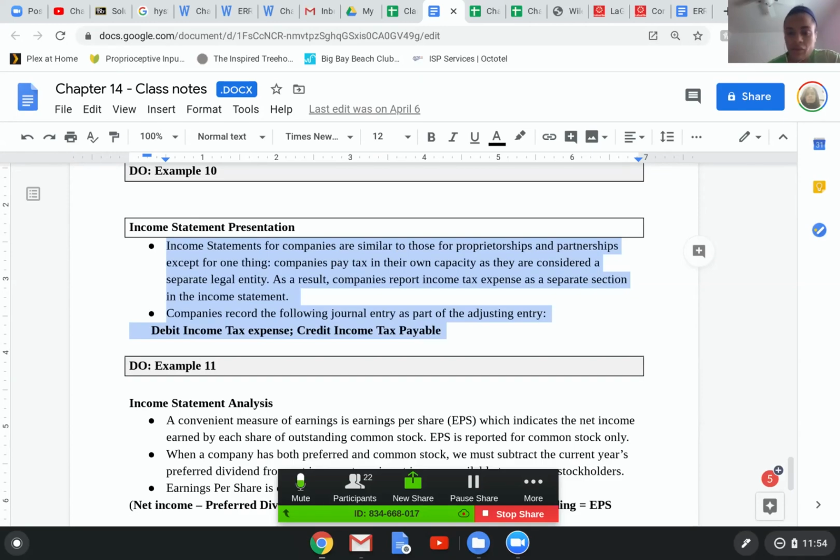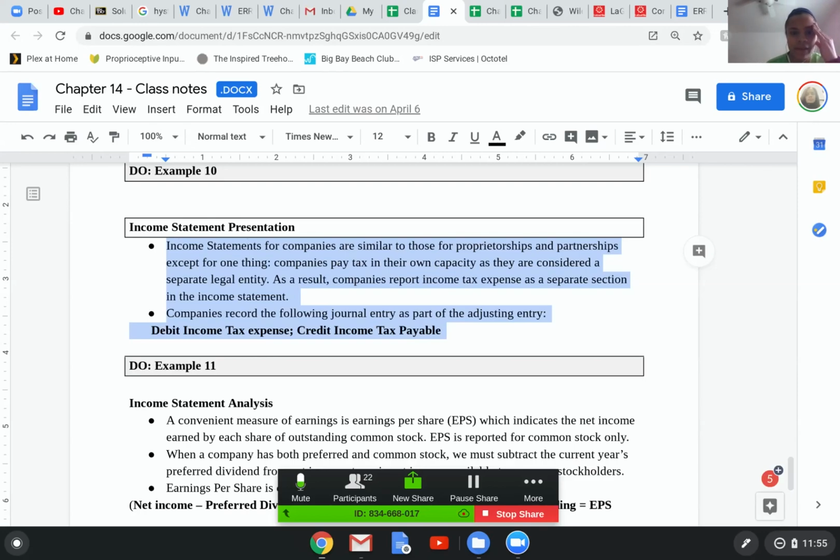But what I do want to highlight is that taxation, income tax expense, is different here for a corporation than we had for partnerships or sole proprietorships, in that a company is actually treated as a separate legal entity, so they will be paying tax in their own capacity.